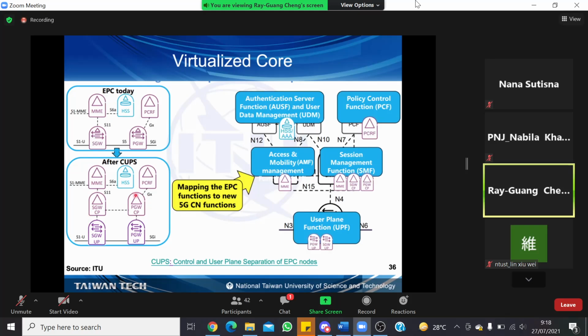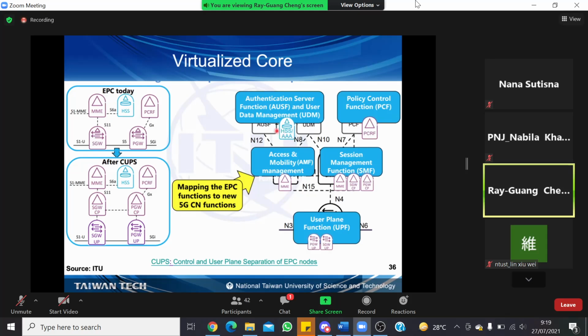The control functions related to session control, which were originally the control plane of the serving gateway and P gateway, are now also combined into SMF. What's the UPF? UPF is the user plane part of the packet gateway and the serving gateway. PCRF remains the same. They rename it as PCF.